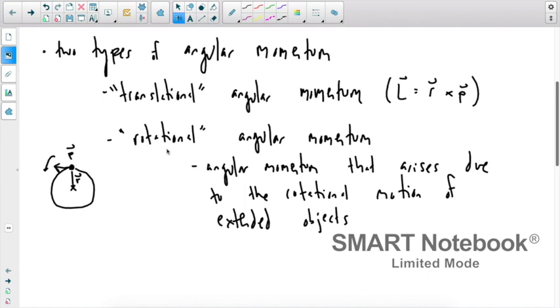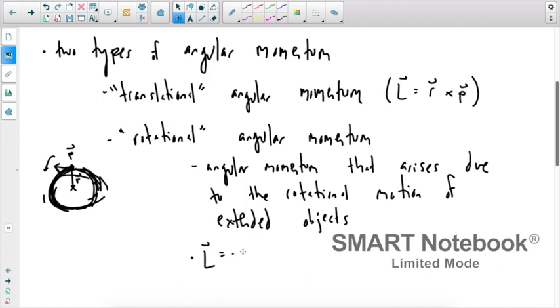For rotational angular momentum, we are taking a more zoomed out perspective, looking at the extended body of the wheel, not just a point on the wheel, but the wheel as a whole. And as it rotates, the equation for this version of angular momentum is much simpler.